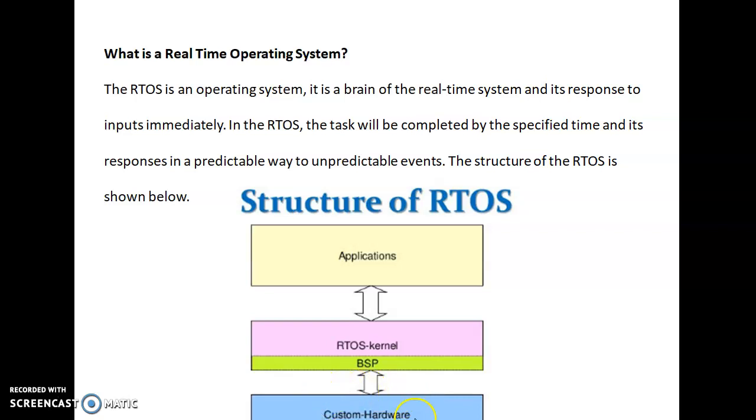This hardware may contain many resources such as memory, CPU, and IO devices, and these resources are accessed by the application with the help of the RTOS and BSP.